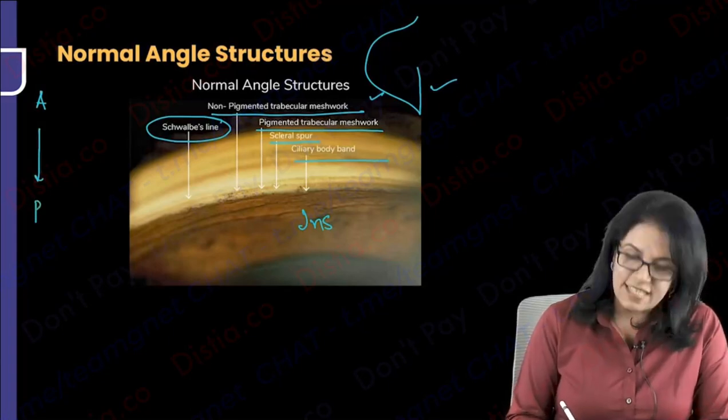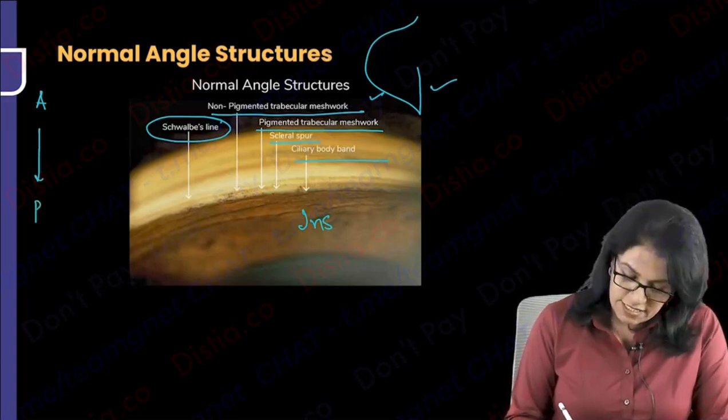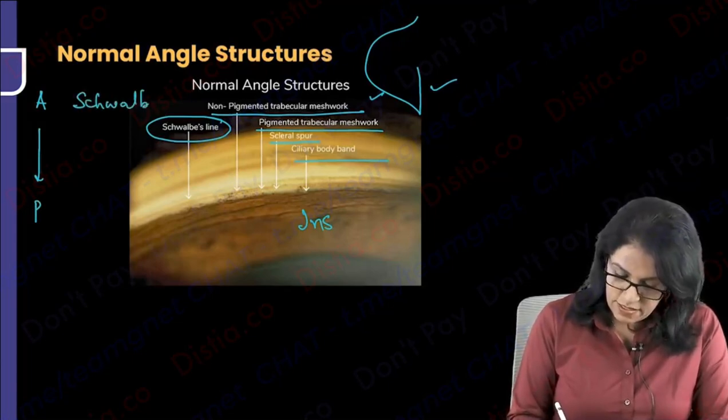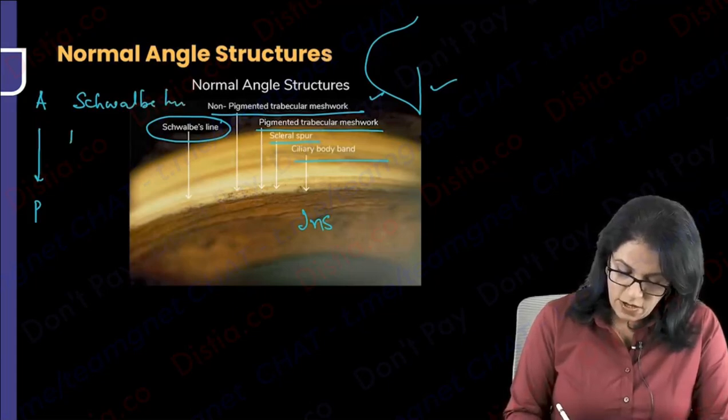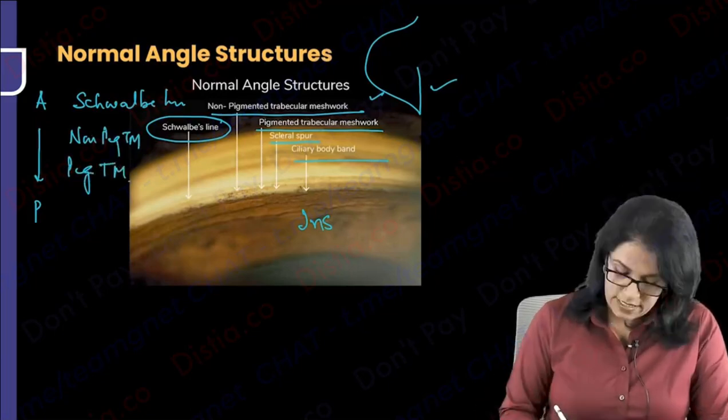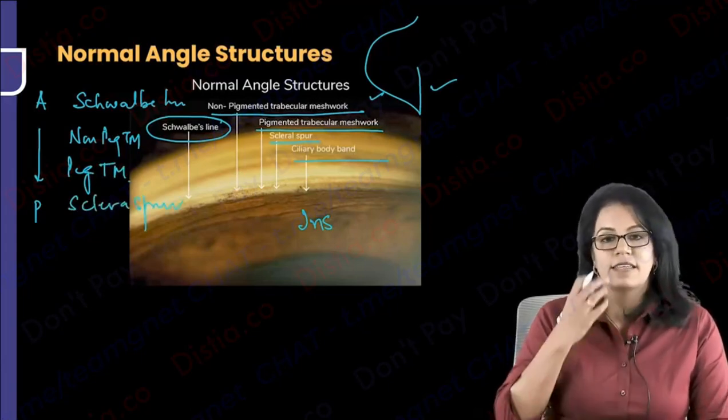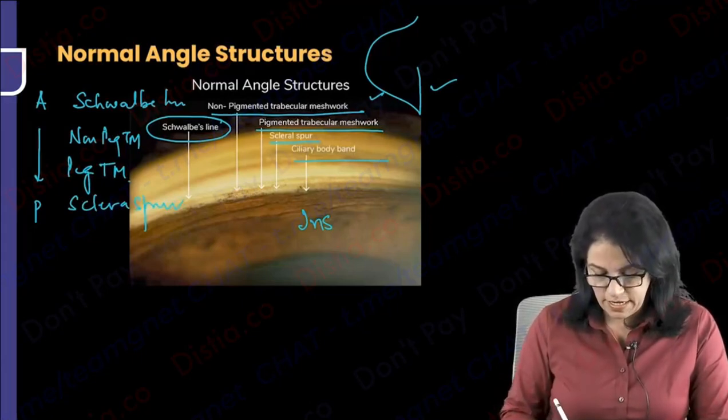What are the structures? Let us learn together. First is Schwalbe's line. Non-pigmented trabecular meshwork, pigmented trabecular meshwork, scleral spur. You just saw it in this AS-OCT slide, what is scleral spur.